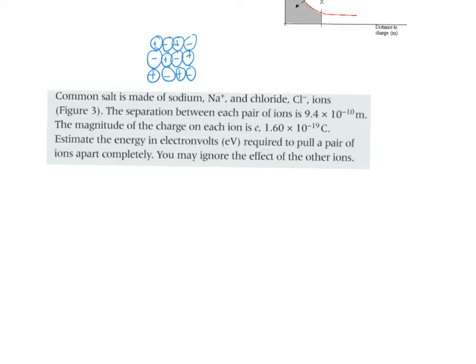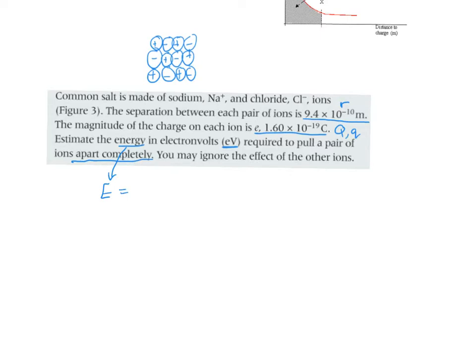The separation between each pair of ions is given, and the magnitude of charge of each ion is given, so Q and q have that. Estimate the energy in electron volts. So we know that the charged particles have electric potential energy stored, and we need to calculate that in electron volts required to pull a pair of ions apart completely. You may ignore the effect of other ions.